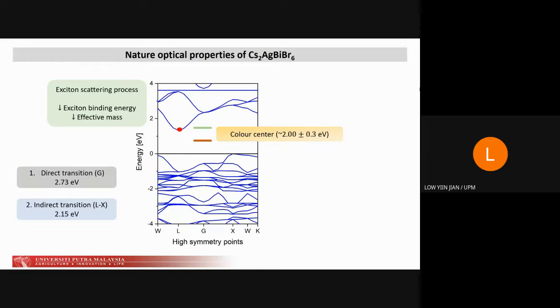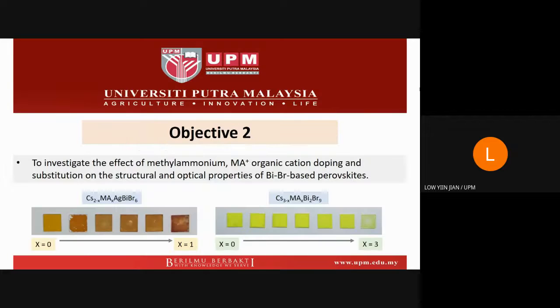Once the exciton arrives at the CBM at the L point, the exciton will recombine with the holes in the VBM at point X. Hence, this material will much prefer color center emission instead of the band-to-band transition, as indicated in the PL study, which shows an emission energy of around 2.05 eV. And I think I will stop here because there's insufficient time.